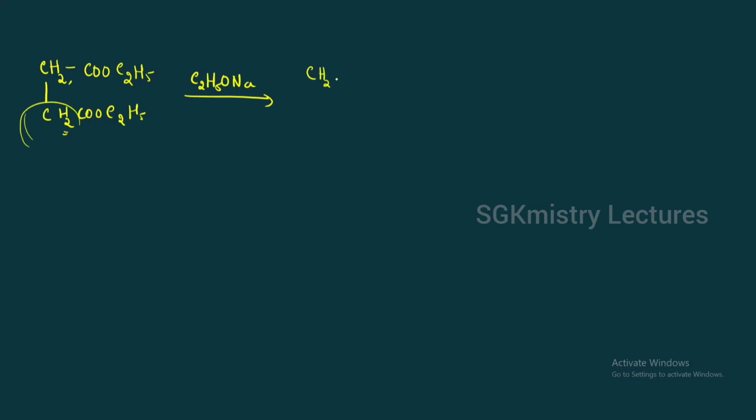So you get CH2COOC2H5, and here CH, now this becomes a carbanion, COOC2H5. So one of the hydrogens can be abstracted by the base, that is the ethoxide ion, and you get the carbanion. Now this carbanion can attack the ketone.